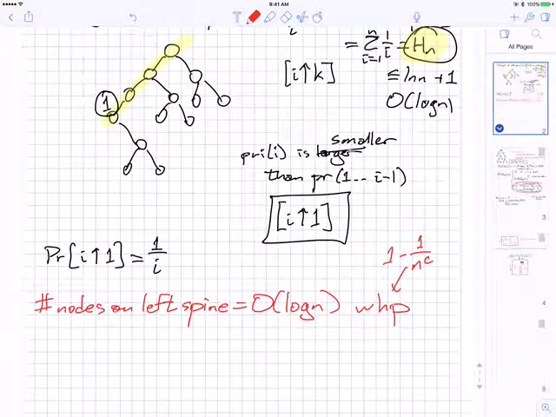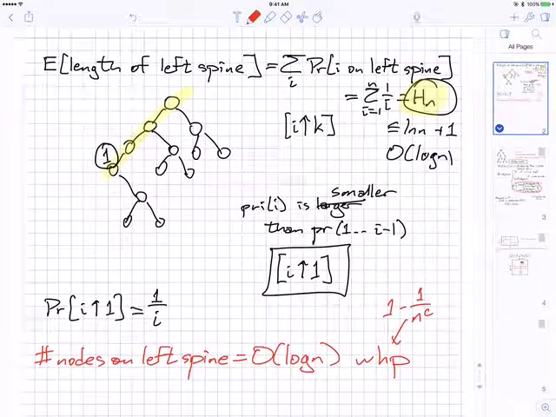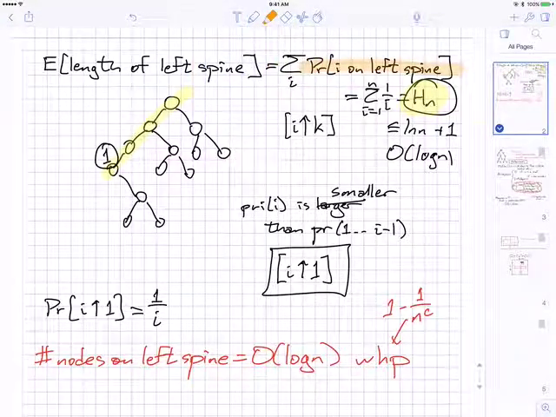Now, I've expressed being on the spine as the sum of a bunch of indicator variables, right? And so I would like to be able to say, oh wait, I know something about how to bound the probability that a sum of a bunch of indicator variables is much bigger than its mean.